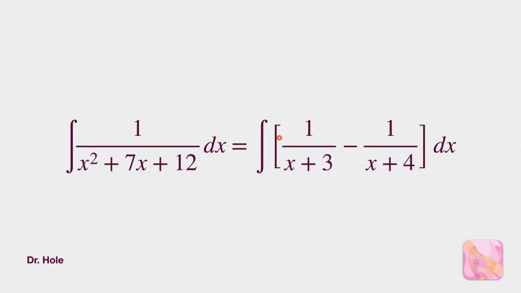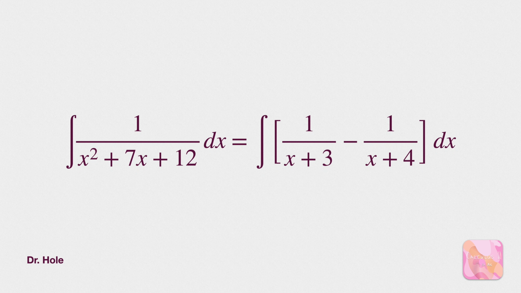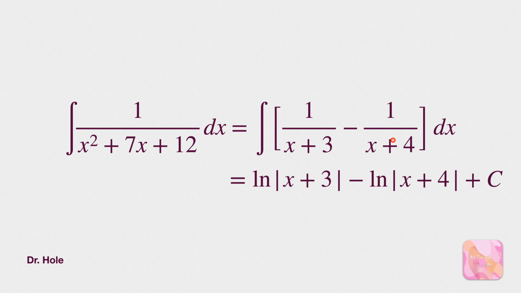So, the integral of dx over x plus 3, we can use u equaling x plus 3, and come up with the natural log of the absolute value of x plus 3. Likewise, for dx over x plus 4, it will turn into ln of the absolute value of x plus 4. That will evaluate the integral. And so, don't forget the constant of integration, c. Good.